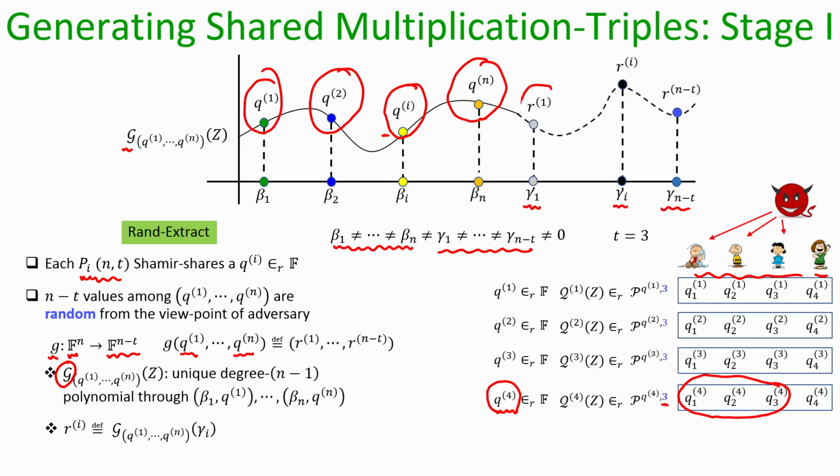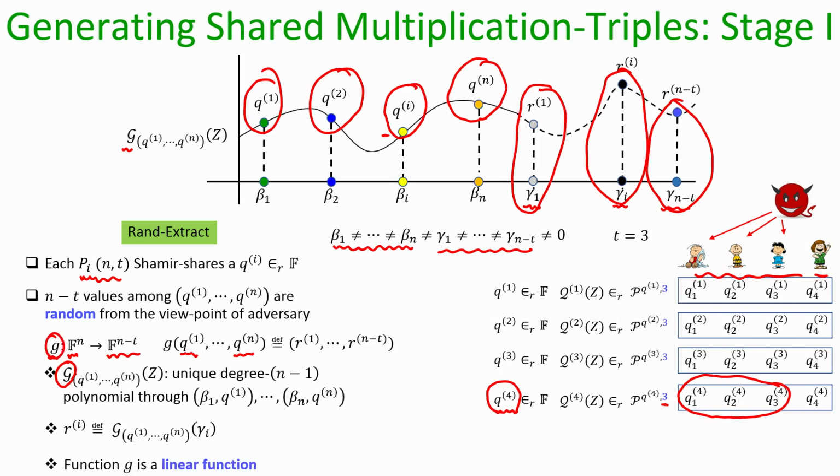So, these are distinct points on the same G polynomial, and that is the mapping small g. And my claim is that this function g is a linear function of q 1, q 2 up to q n.